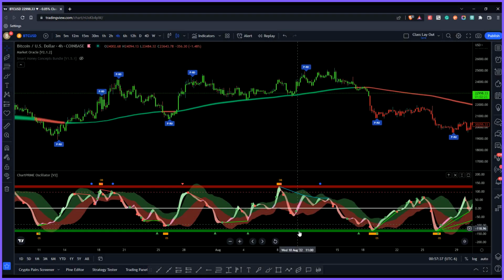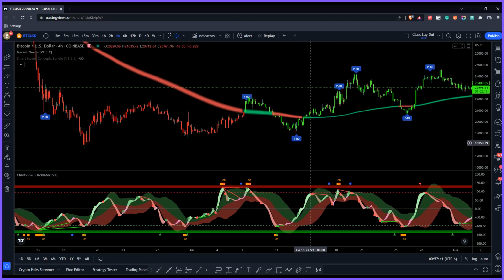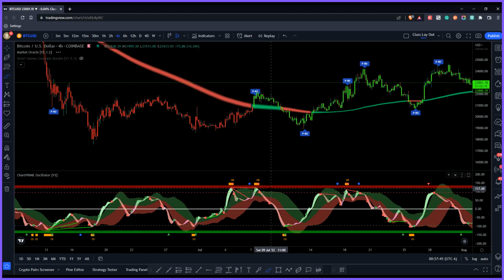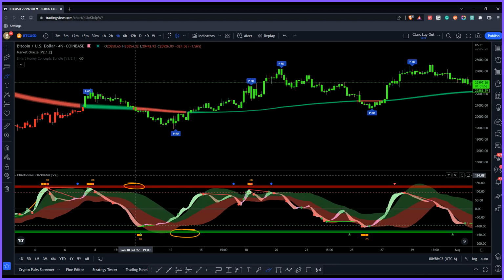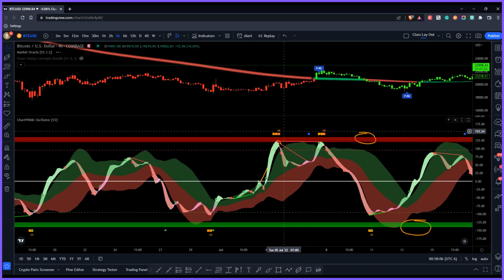So right here, let's see what we have. At this point, we can identify different parts of the oscillator. We can see this red zone and this green zone, which acts like an RSI. So when the middle ribbon goes and hits that zone, the first thing that we're going to be seeing is that we're going to be making a golden box.